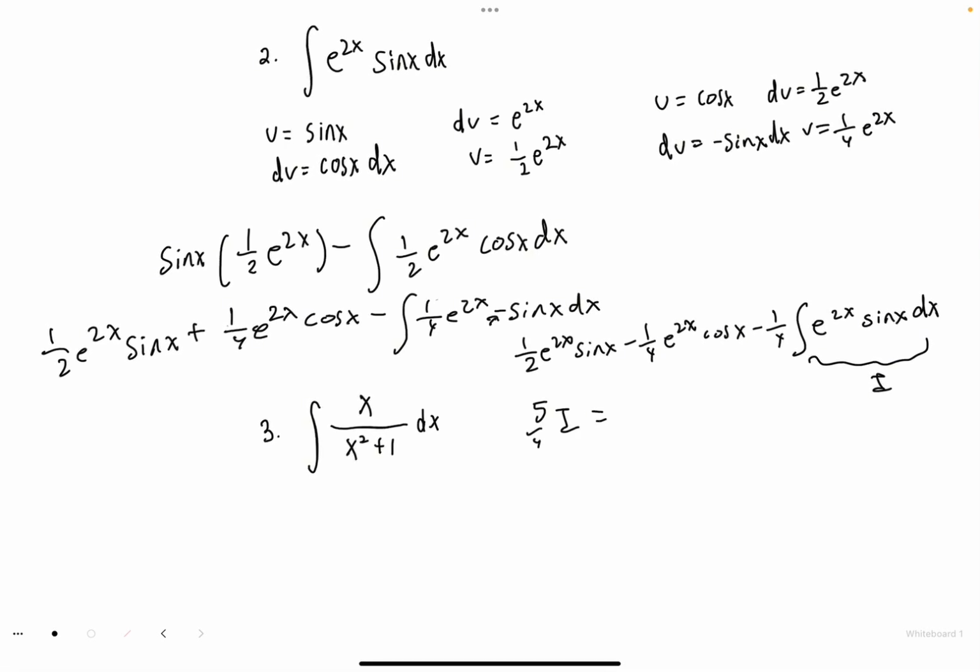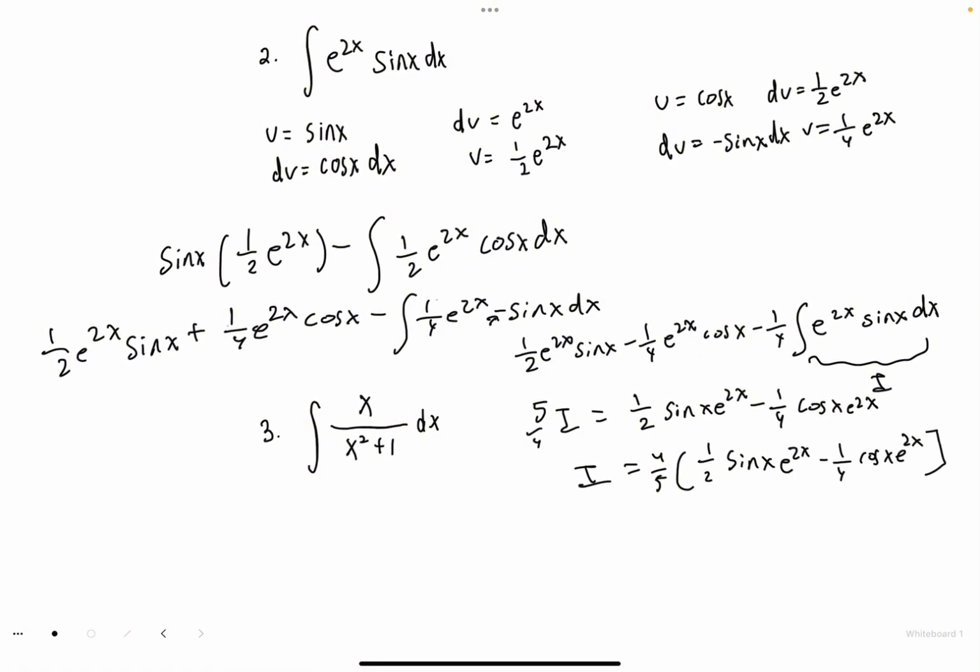I is equal to 1/2 sine x e to the 2x minus 1/4 cosine x e to the 2x. And so now I would be 4 over 5 of 1/2 sine x e to the 2x minus 1/4 cosine x e to the 2x. And so that would be the unsimplified version.